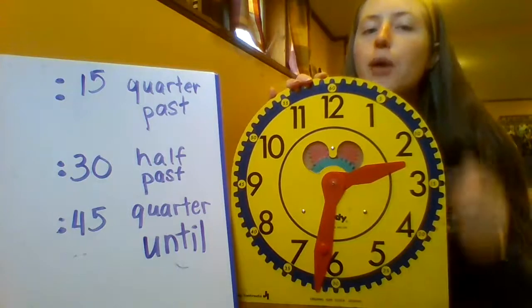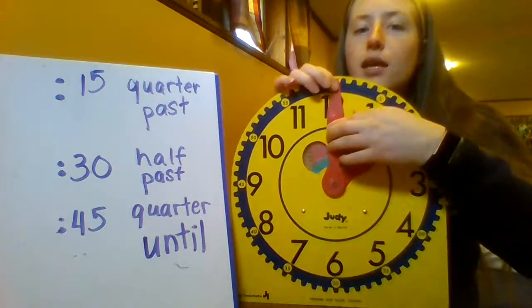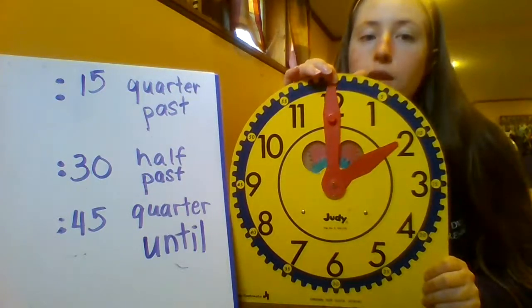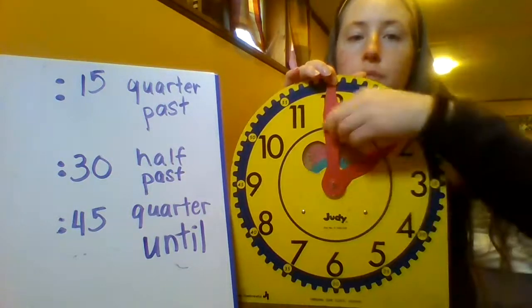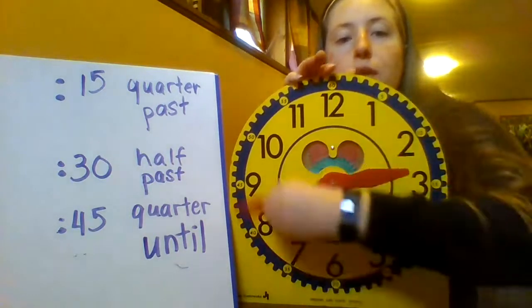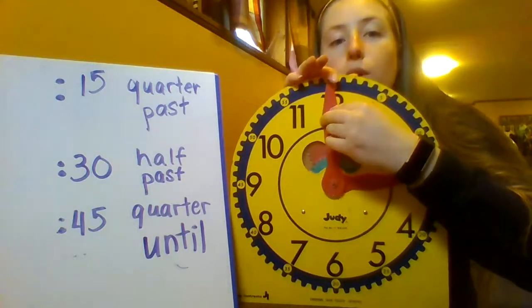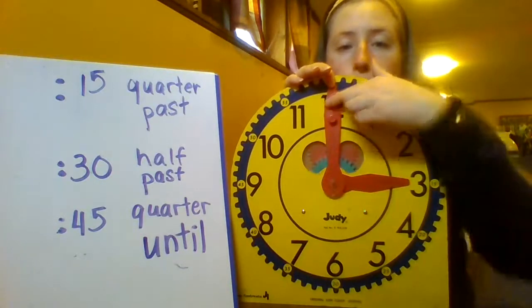So when we're thinking about o'clock, that is when the minute hand is on the 0 or on the 12. So right now we know it's 2 o'clock. If we bring this all the way around again, it lands on the 12 or the 0. Now it's 3 o'clock.